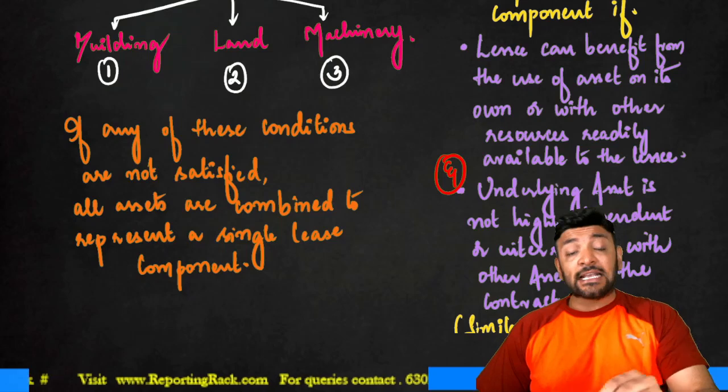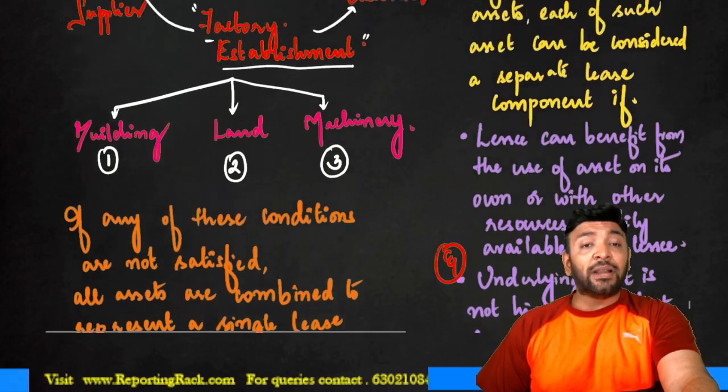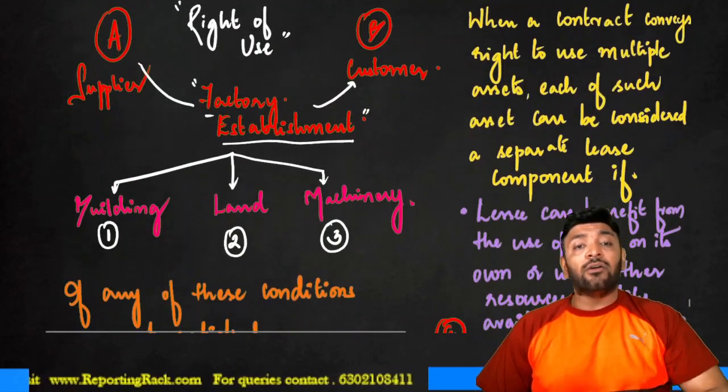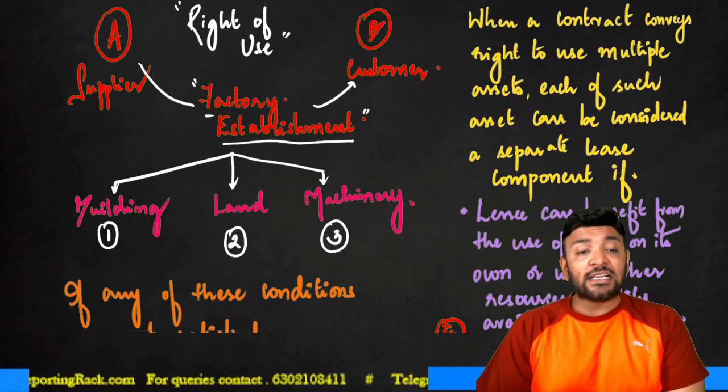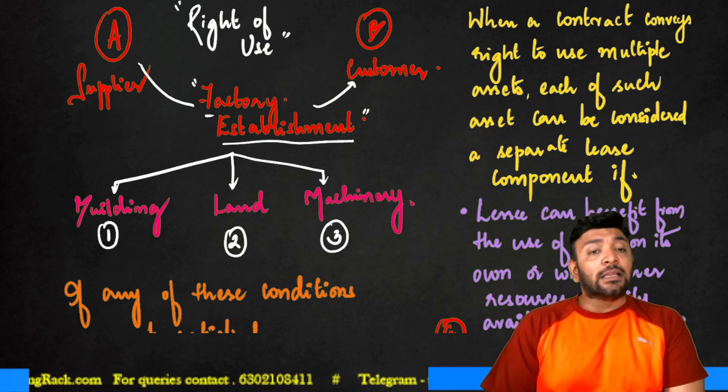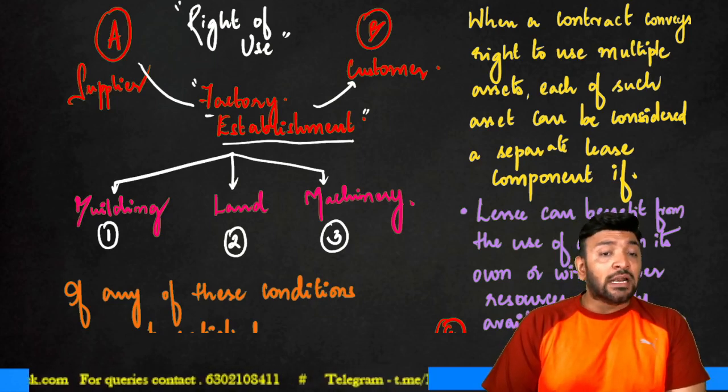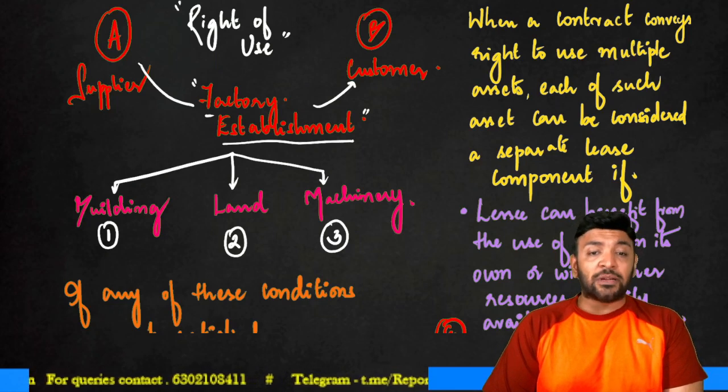In the example which I have given you, there is a building, land and machinery which are included in the factory establishment. Can you satisfy these conditions? Yes. The building by itself can be used. It is nothing related to the land and the machinery.